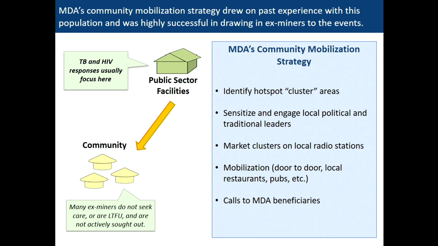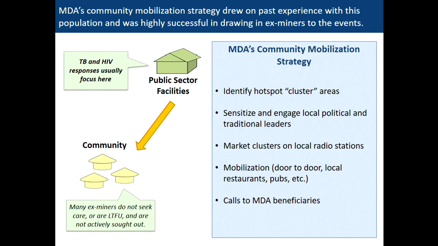I wanted to highlight 2 aspects of our work that we thought were particularly successful in resulting in high yields at our events. First is the community mobilization strategy, and then I'll talk a little bit about the mHealth aspects of the project as well. The community mobilization strategy was developed together with Mine Workers Development Agency, and as I mentioned, they have a lot of experience working with this population in Lesotho.